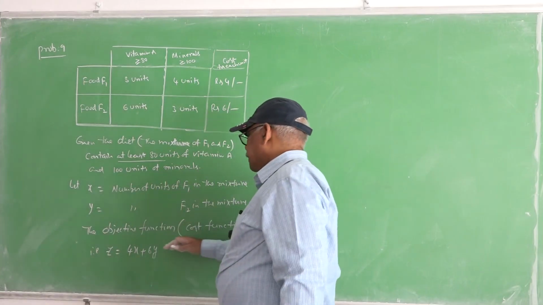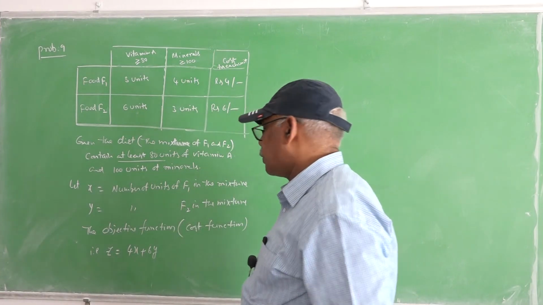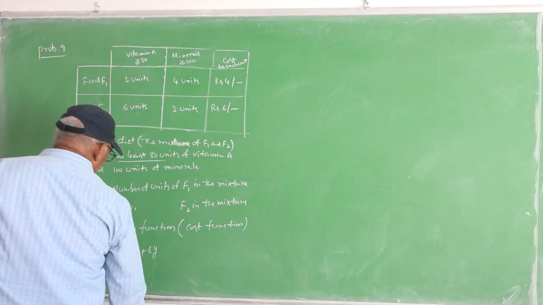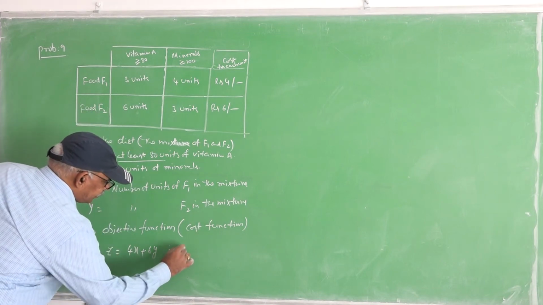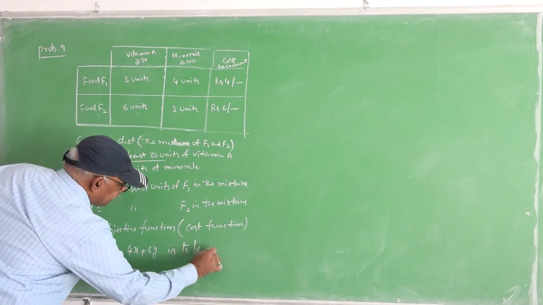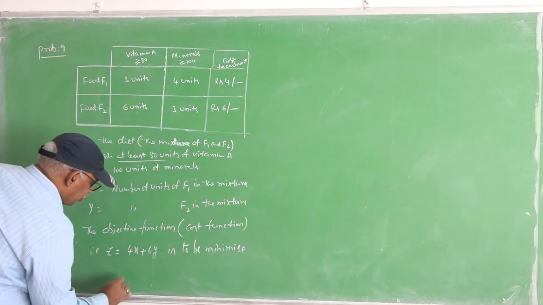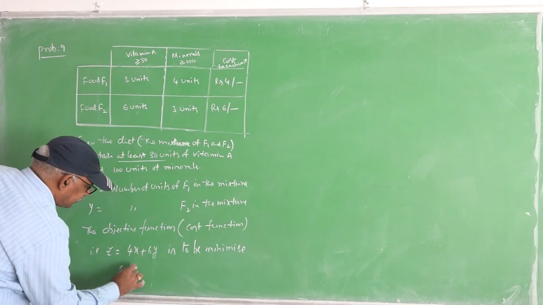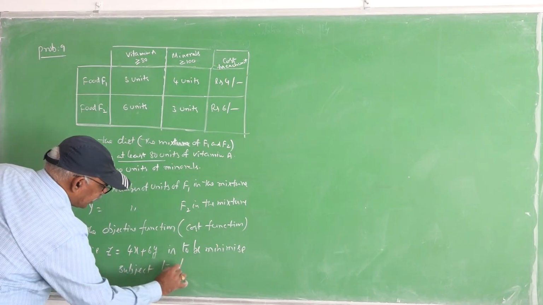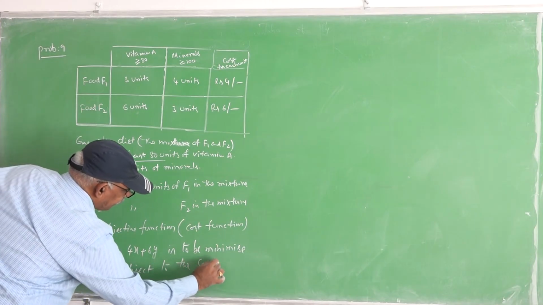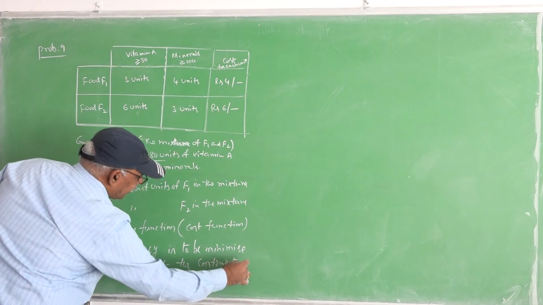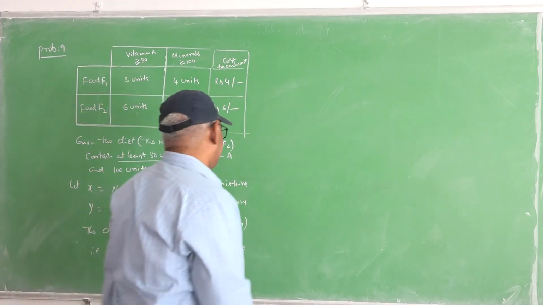So the objective function is z equal to 4x plus 6y, to be minimized subject to the constraints. The constraints are as follows.